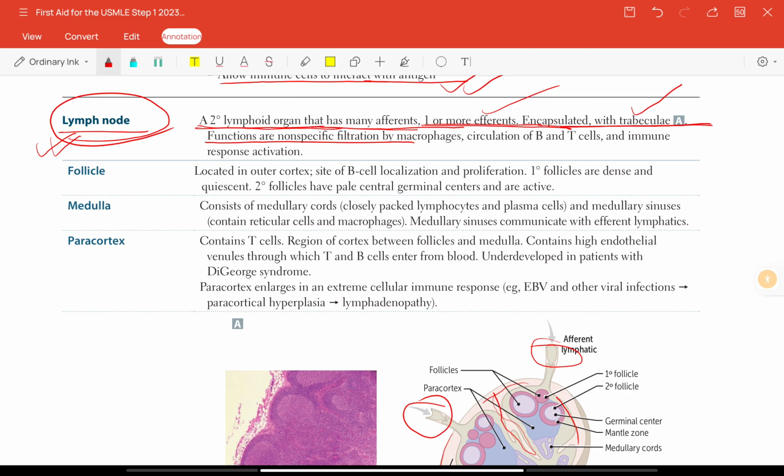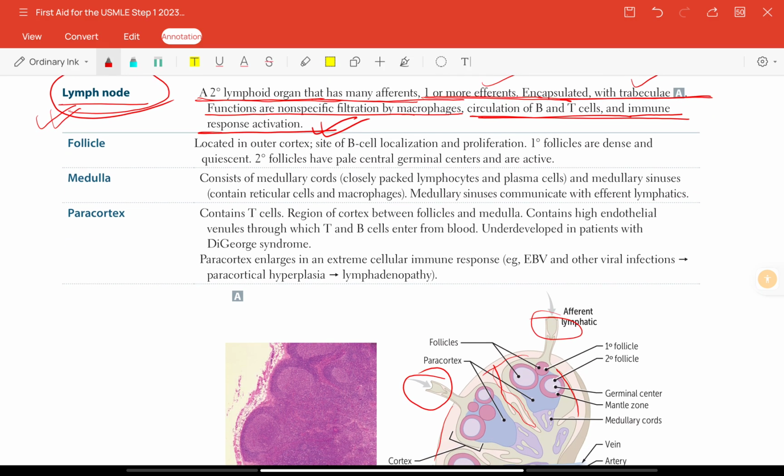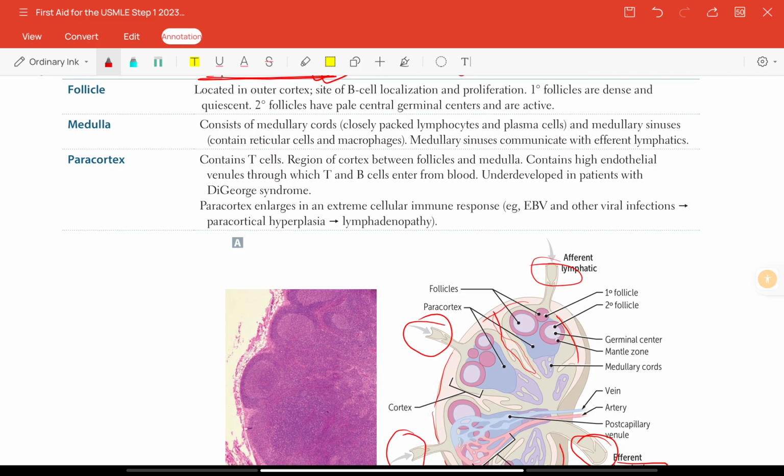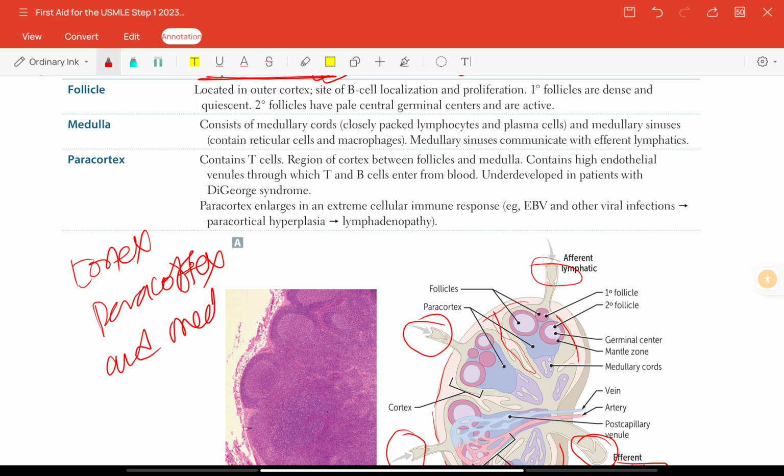Functions are non-specific filtration by macrophages, circulation of B and T cells, and immune response activation. So lymph nodes are for circulation of B and T cells and immune response activation. Now the lymph node consists of three parts, that is cortex, paracortex, and medulla.